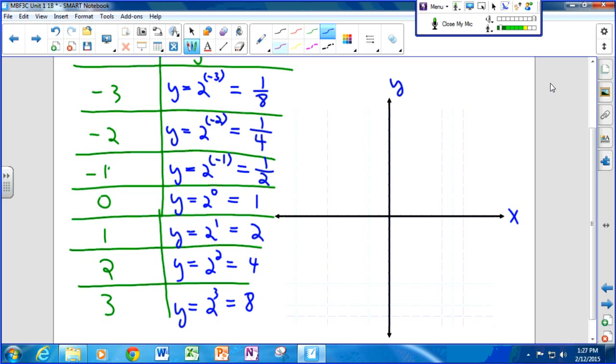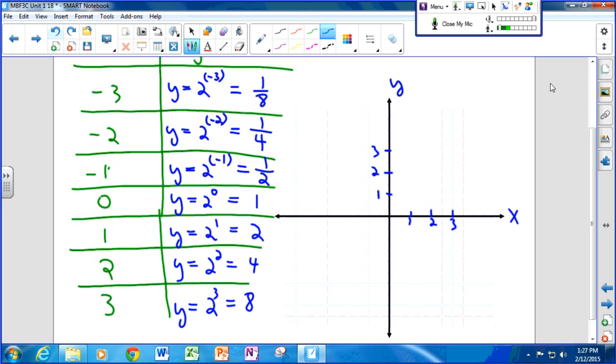I'm going to use 2 squares per unit. I could have even used 3, but this will work. There's my 1, my 2, my 3. There's no need to scrunch everything down into 1 square per unit if you have room. So I always recommend you make these things as big as possible. Use as much room as you can.